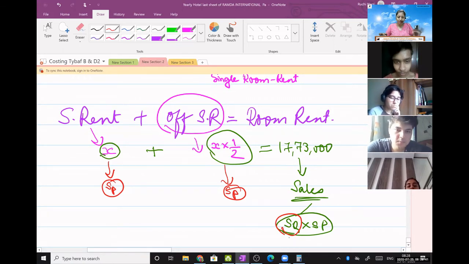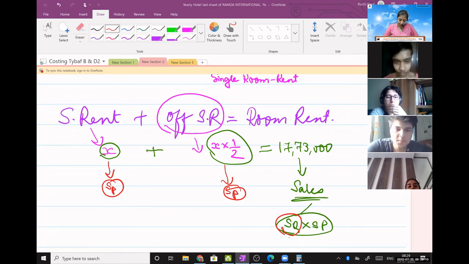Anyone can have a guesswork? SQ, selling quantity, that is rooms, number of rooms. How to calculate that? How much is SQ in this question? Now we explained you the entire equation. Now tell me, where is SQ in the question?